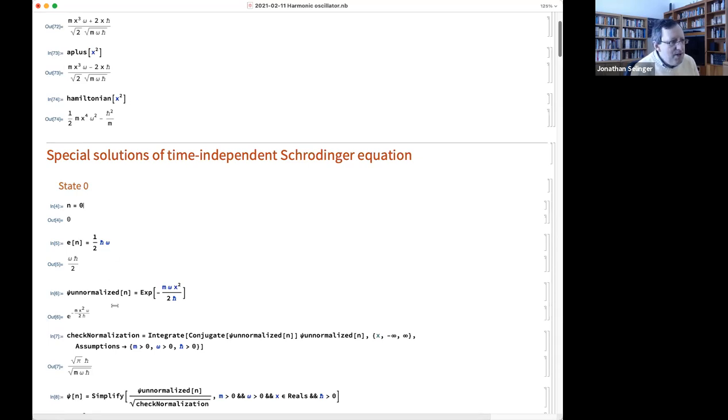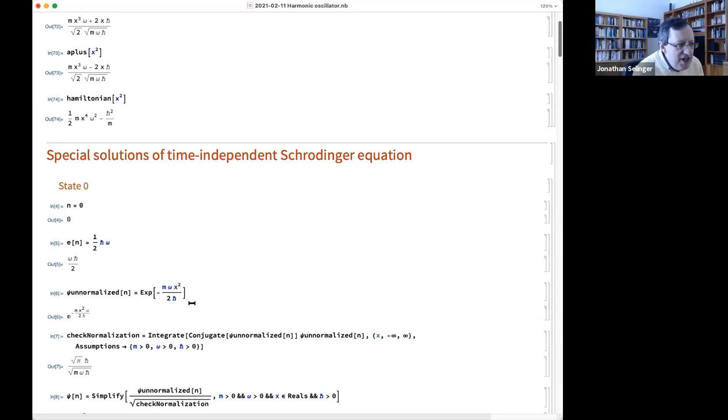And we found that the unnormalized wave function for n equals 0 was an exponential of minus m omega x squared divided by 2 h bar. So that's our bottom of the ladder.